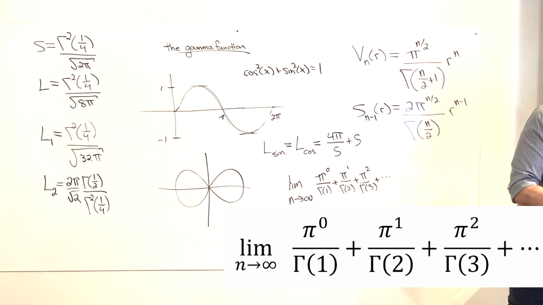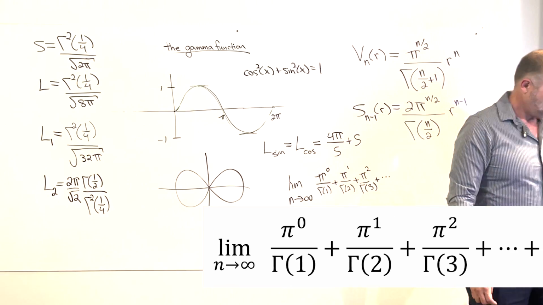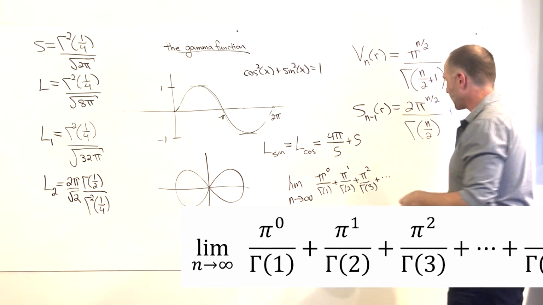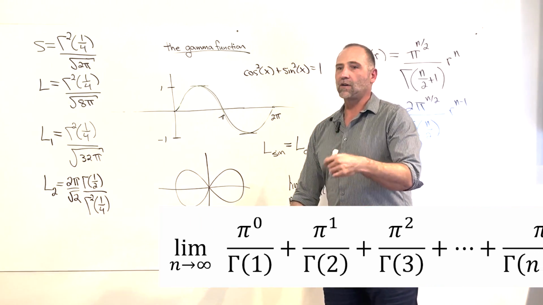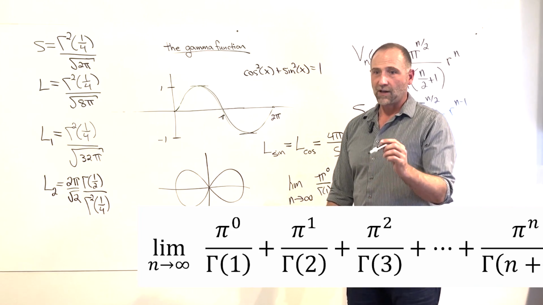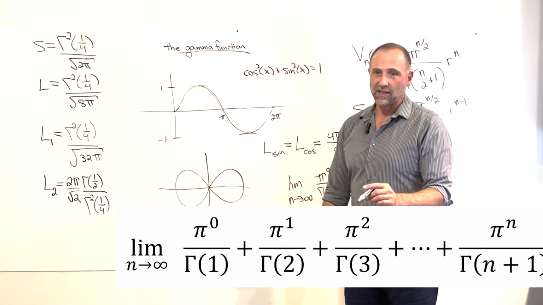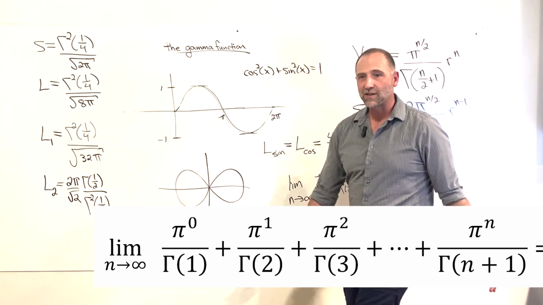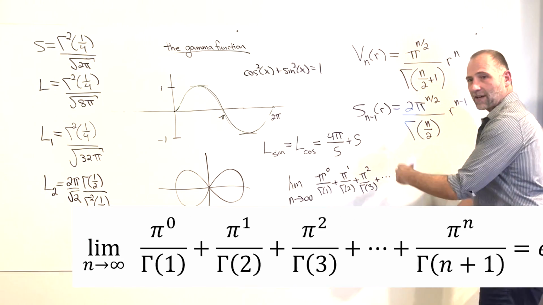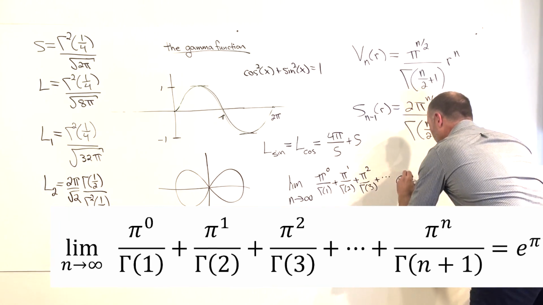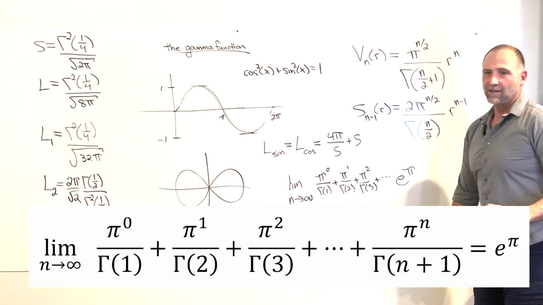Okay, so now this translates to taking the volume of all the even dimensional hyperspheres. We're taking the volume sum of all the even dimensional hyperspheres, and it comes out to being e to the pi.